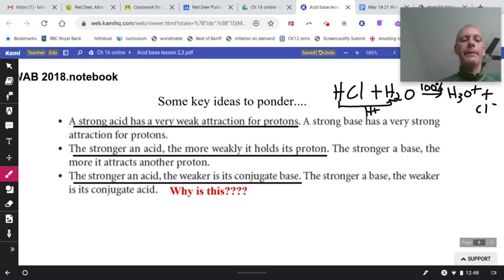100% of them. Okay. A strong base has a very strong attraction for protons. The strongest bases are OH minus, and they will rip a proton from anything to make water. The stronger the acid, the more weakly it holds its proton.